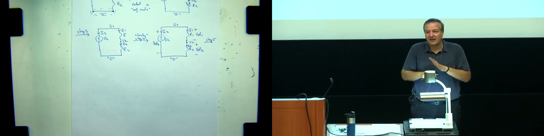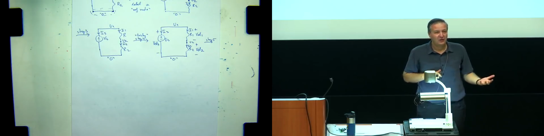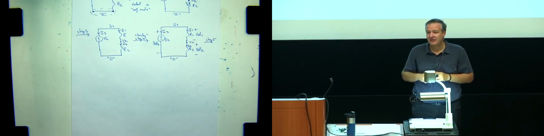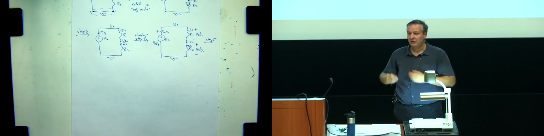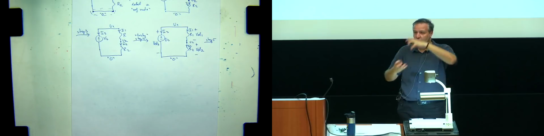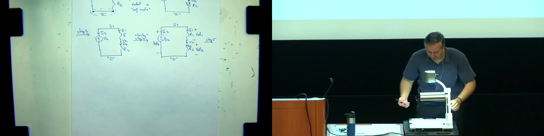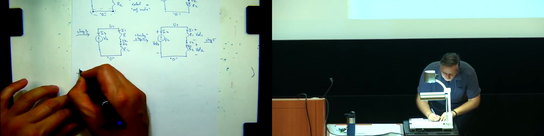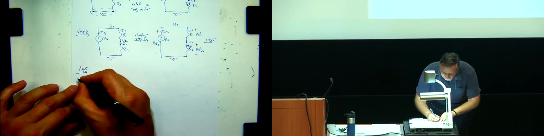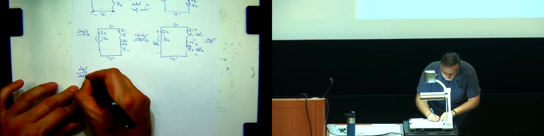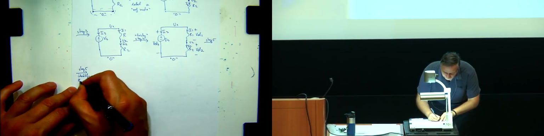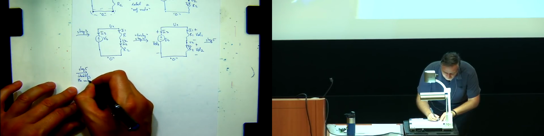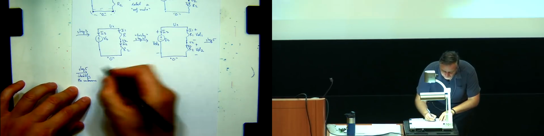We need to identify something in the circuit. We're going to write what we're solving, our unknowns. So step 5, identify unknowns.